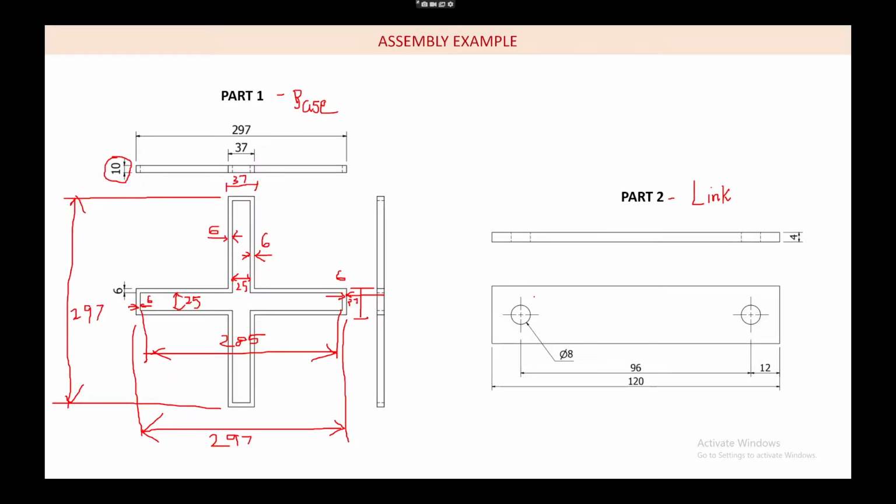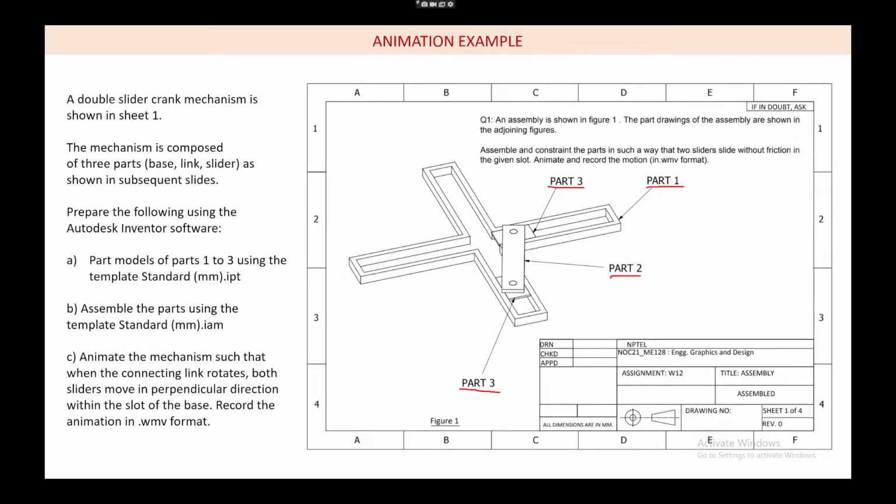The link is going to come inside this slot in the base. Although the dimension is not given, we can select this to be our 25 mm. Why it is 25 is, this slider is going to sit inside this base, and this link is going to be placed on this slider.